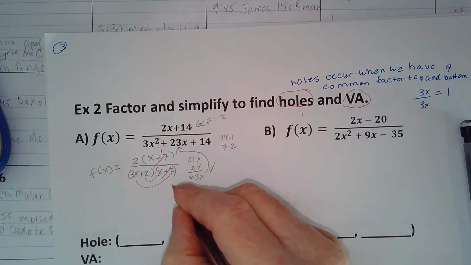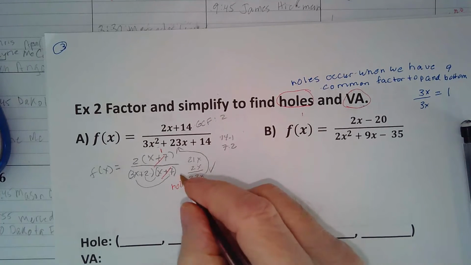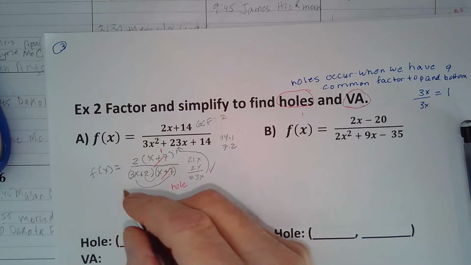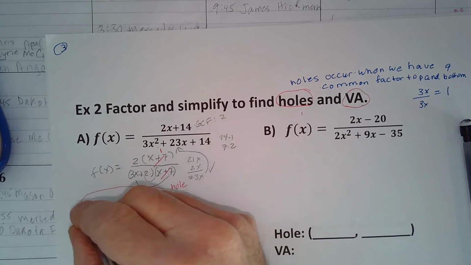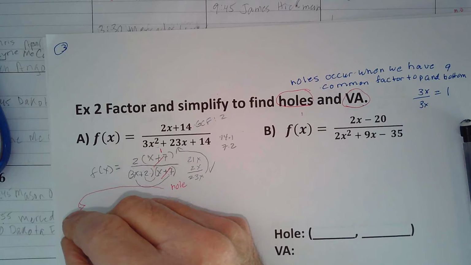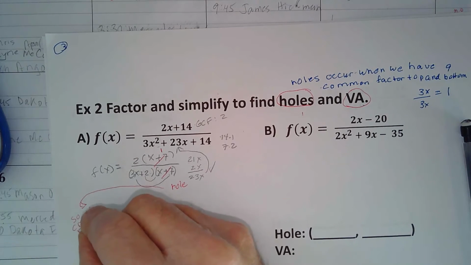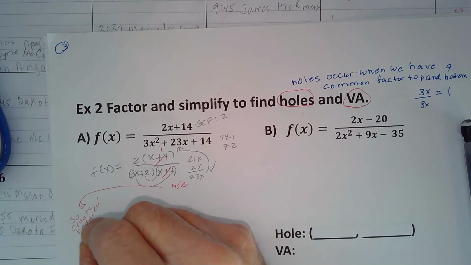This is a hole. You leave out your hole in your function, and you create a reduced function, in other words, without the hole.